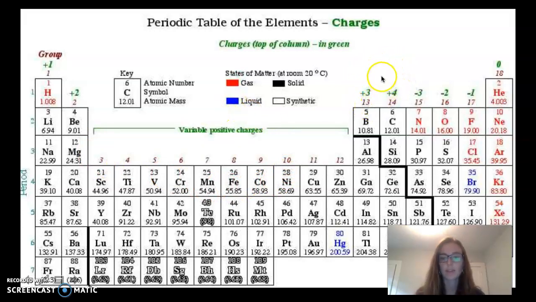Then the boron group has a +3, then a +4. Then these can be plus or minus 3, though we'll mostly see them as -3. And then -2, -1, and 0. So notice that we're getting higher and higher until we get to carbon, which is +4, and then we go to -3, -2, -1.